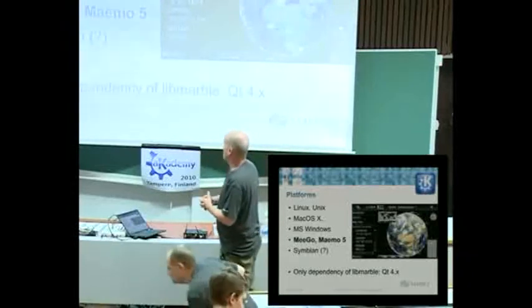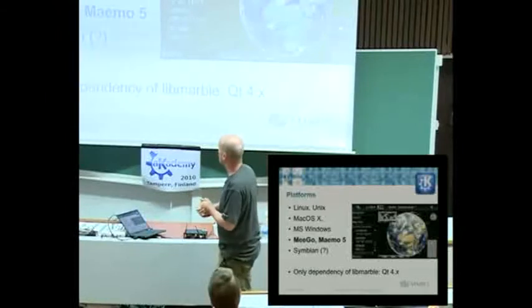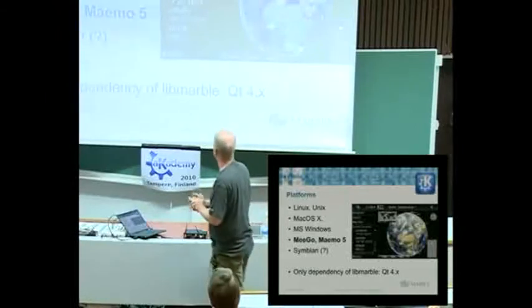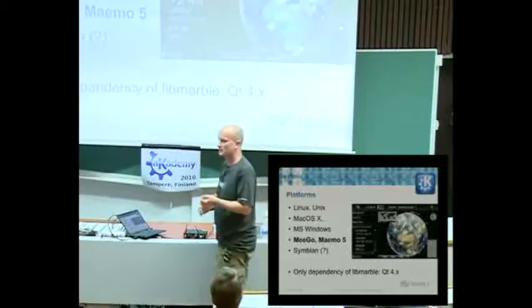Some platform that we had tried to get running was Symbian, but the problem there was that the CMake wasn't really playing well with us, so we still need to figure out how to get it run properly with CMake on Symbian.